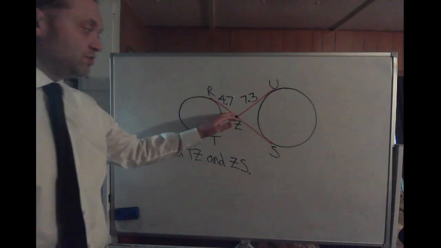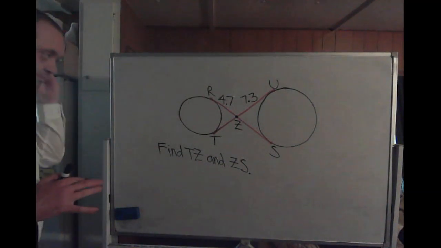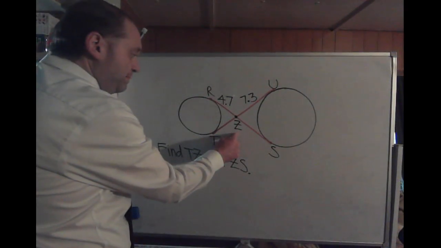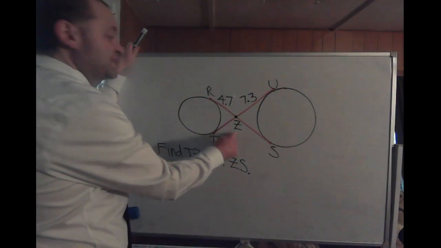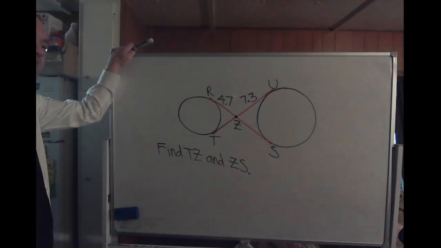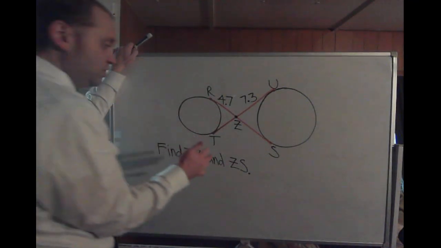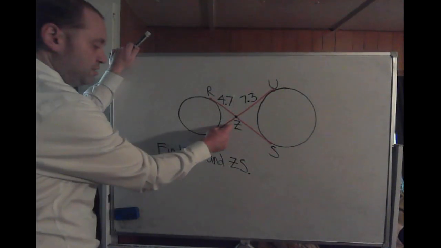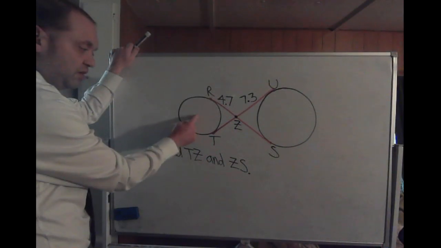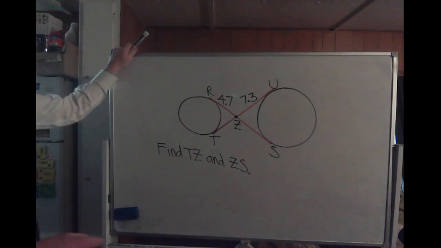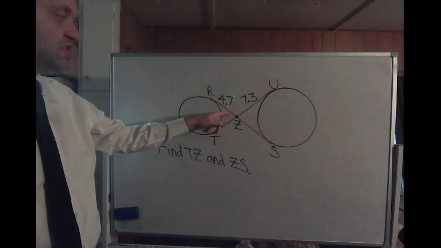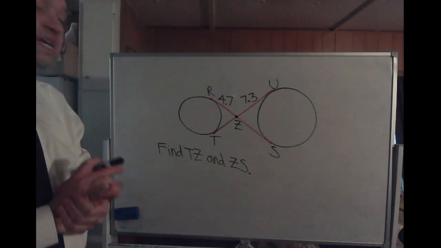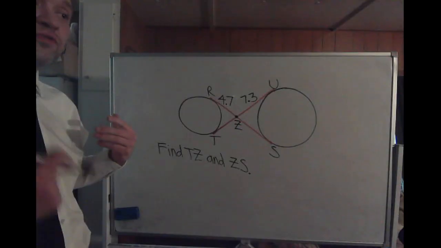Well, these are internal tangents, but let's start at point Z, right? Let's consider the points of tangency separately for each circle. If you just go from Z to T, ZT is tangent to the smaller circle at point T, and ZR is also tangent to the smaller circle at point R. What do we know about tangents to a circle from a single point?